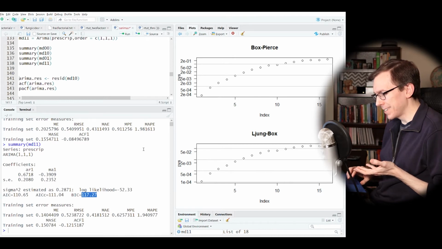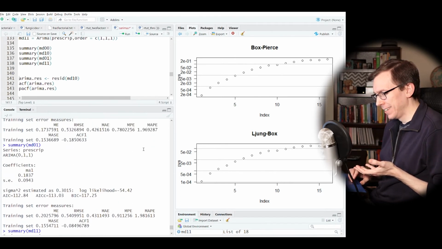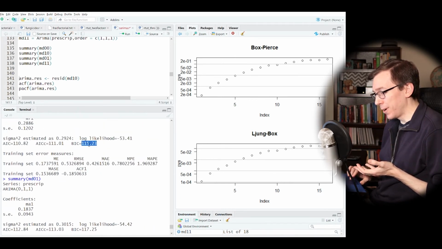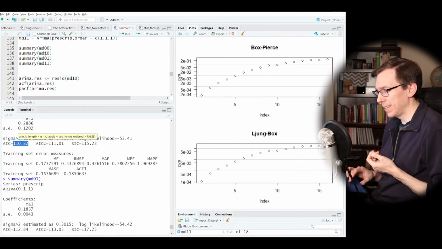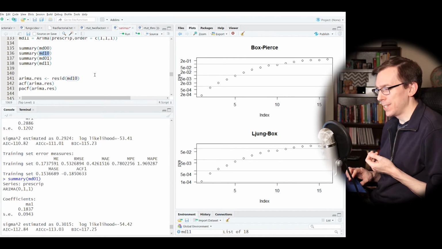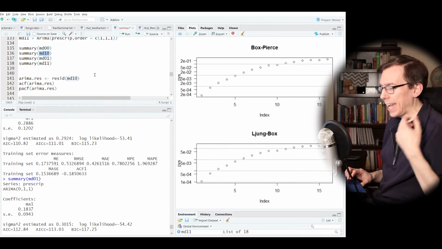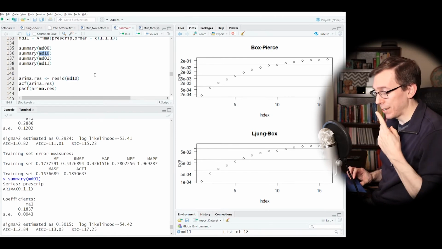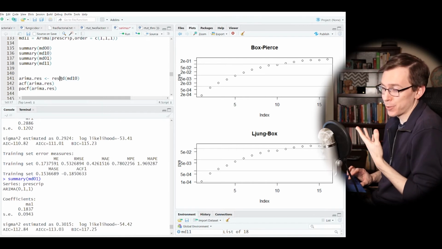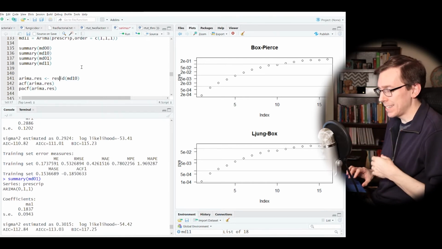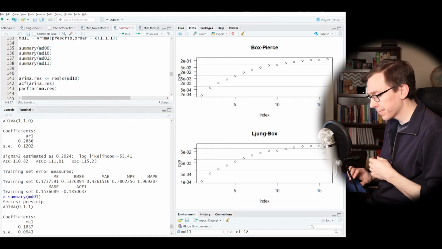The BIC is 117. If I go back up here, I get a 115 and a 110. So right now it looks like the AR1 model with a first difference is the best one with respect to AIC and BIC.